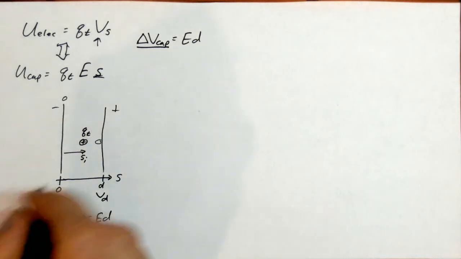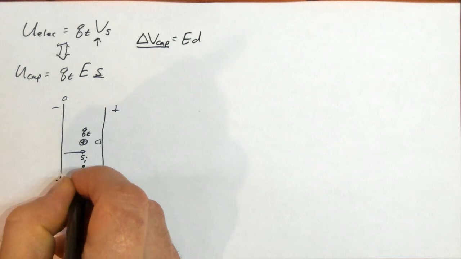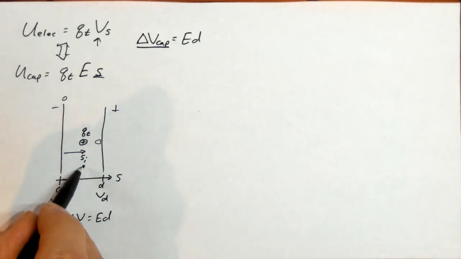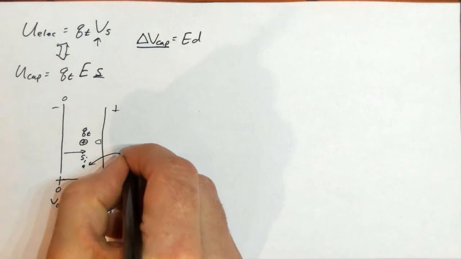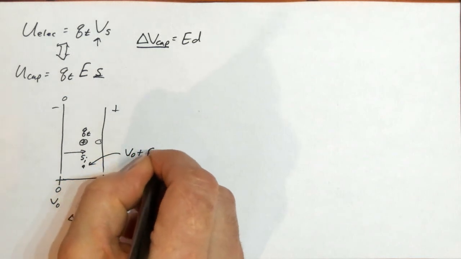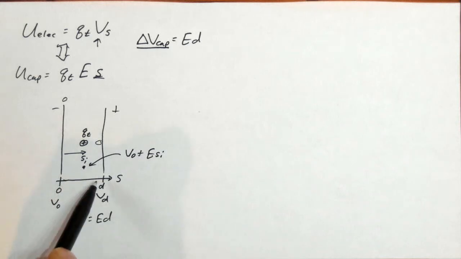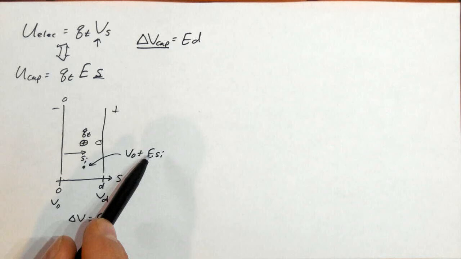And we could have said, well, what's the potential here? Well, we could say that the potential here is V0 plus E times S_i. So the potential right there would be V0 plus E S_i. It's whatever you started with, and we moved in the positive direction of S, so we gained that much more potential.